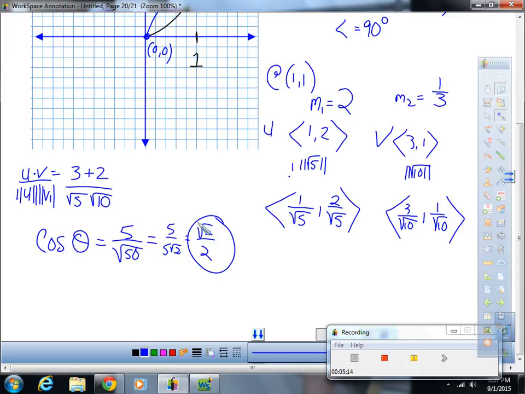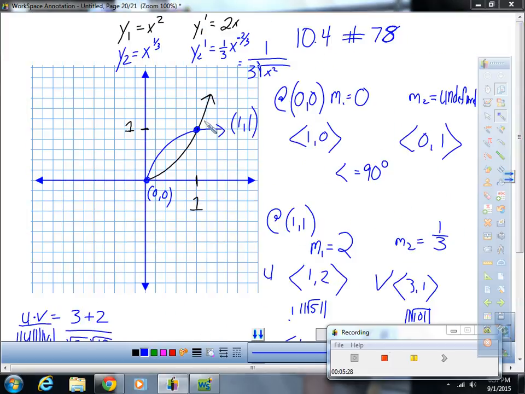So cosine theta is equal to radical 2 over 2 when theta equals 45 degrees. So amazing. Those two curves intersect. This angle here is 45 degrees, and that angle there, amazingly, is 90 degrees. Boom!